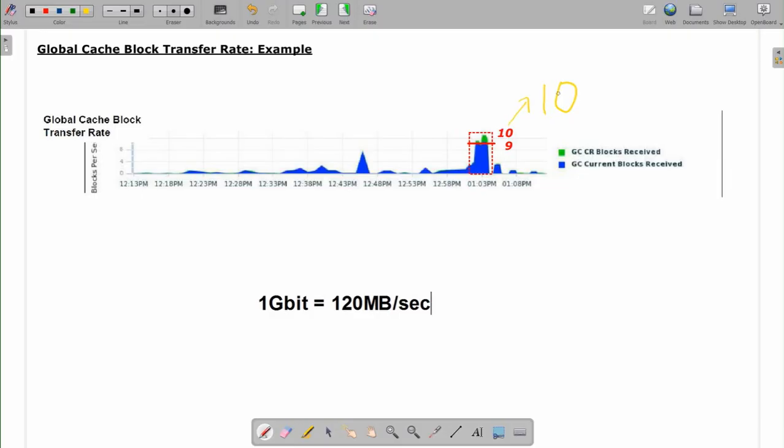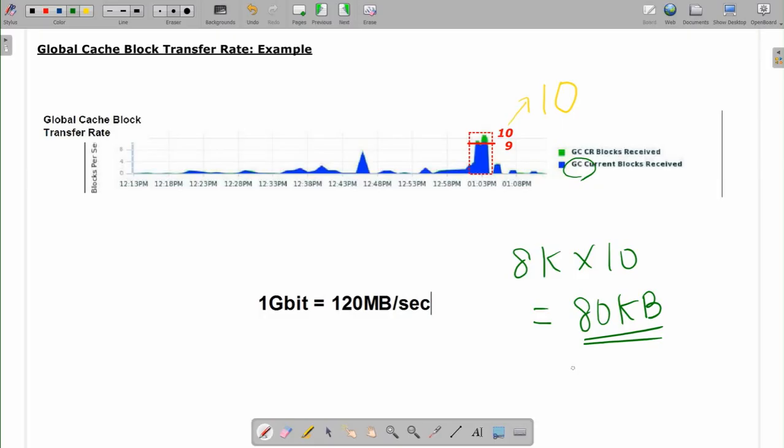transfers per second. So if your block size is 8K, and we transfer 10 blocks, that means in this given time, we observed 80K data transfer per second, because we only deliver 10 blocks. And out of that, global cache current block transfer is 9 blocks, so 72 kilobytes per second.